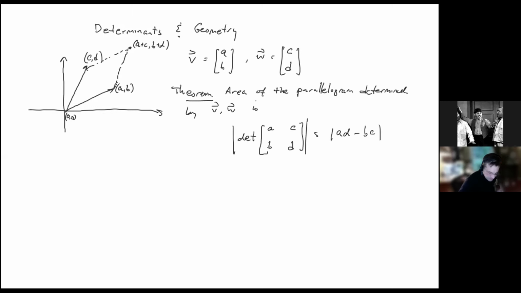Okay, so I'm going to sketch the proof. The first case to consider is when the vector V lies on the x-axis, that is, V has components A and 0. So in that case, the picture looks like the following.